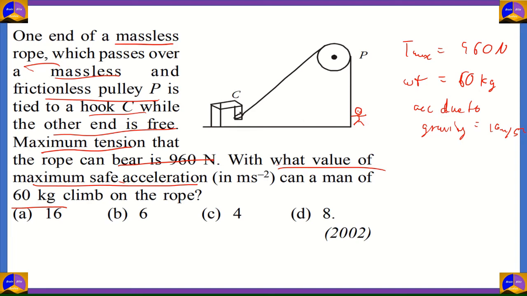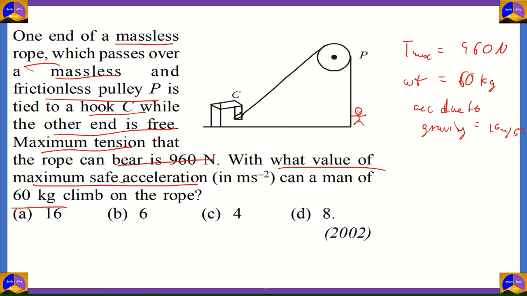So when you take a rope that is passing through a pulley and connected to a hook, and you try to climb it, your weight is acting on the rope, and also the force that you exert is also acting on that rope. So the tension of the rope will be equal to the sum of both those quantities.